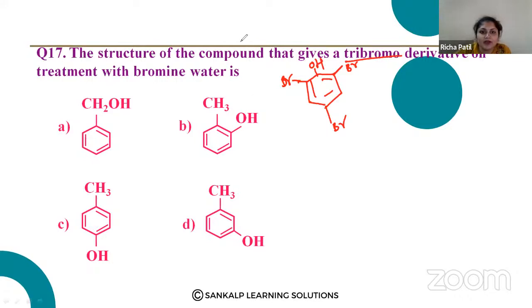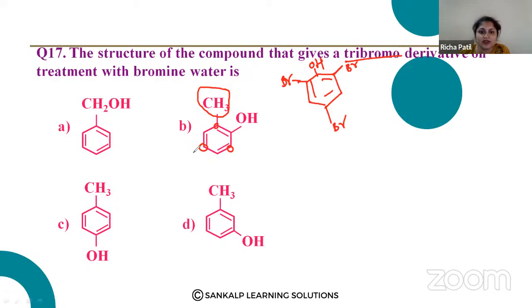If you are telling B as the answer, at the ortho position you can see CH3 is there, so how will it attack both sides? The space should be empty. If you have to select such a molecule, it is not B. B is not the correct answer. With respect to OH, both ortho positions should be free, and the para position should be free.